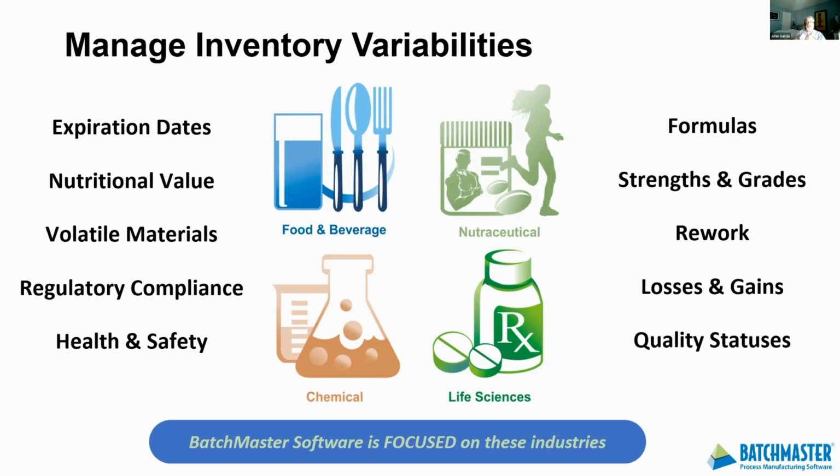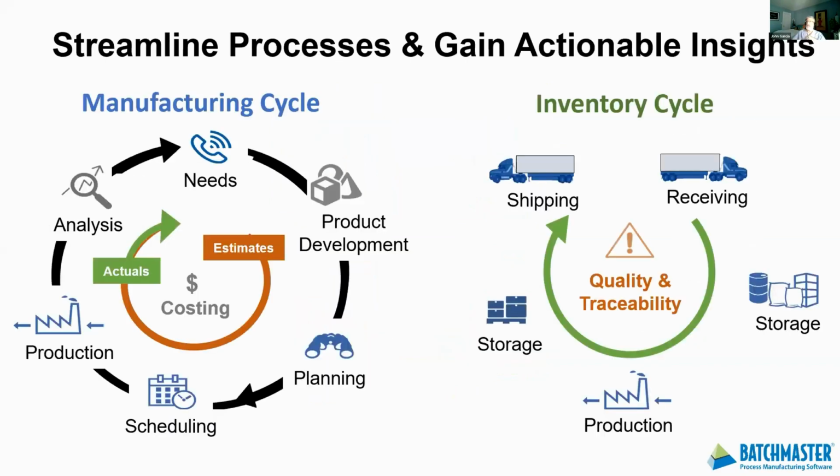Or you put dough into a mixer and the dough gets caught on the blades. So process manufacturing for these industries requires you to understand the losses and gains based on the item itself, the inventory, and the equipment you use, to be able to control all of that. So quality control statuses are very important as well.